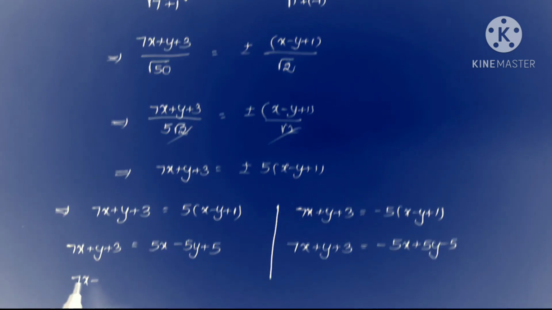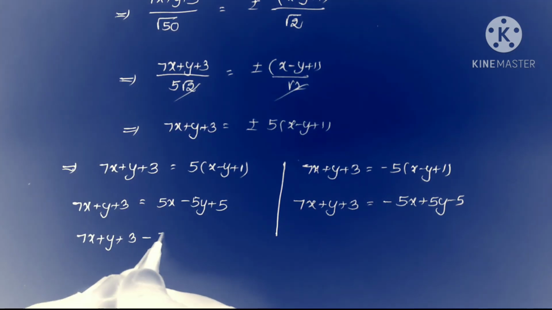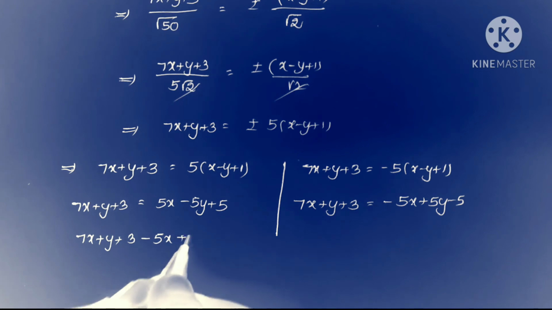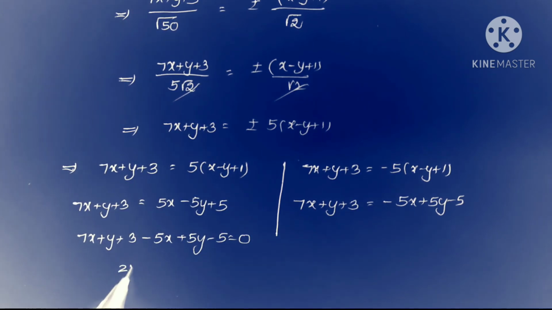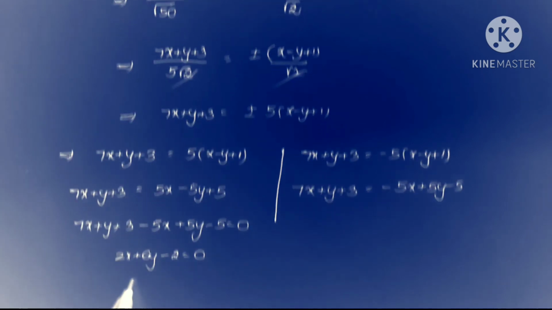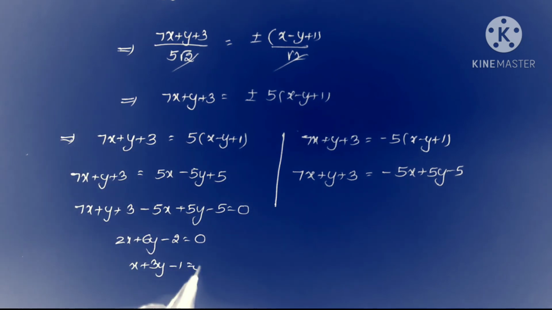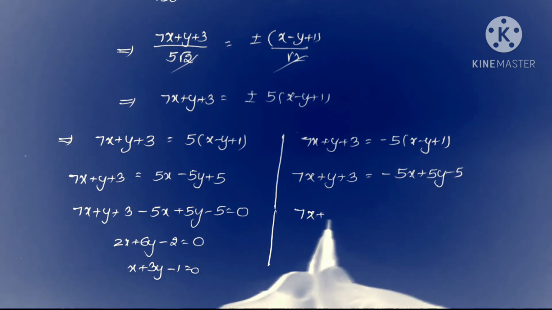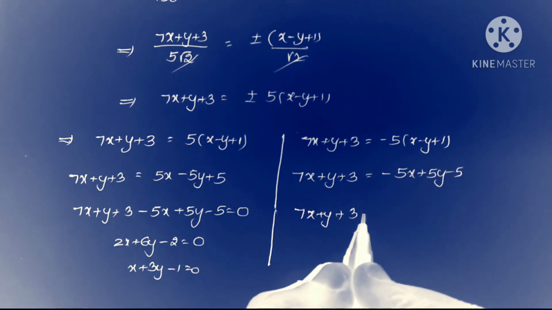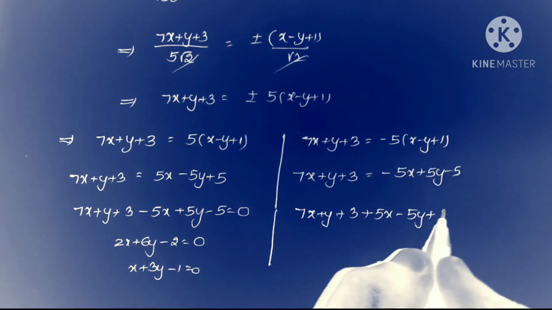So 7x + y + 3 - 5x + 5y - 5 equals 0. That is 2x + 6y - 2 equals 0, so x + 3y - 1 equals 0. And the second equation: 7x + y + 3 + 5x - 5y + 5 equals 0.